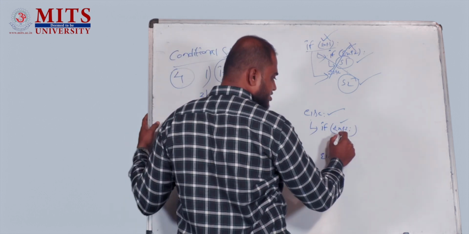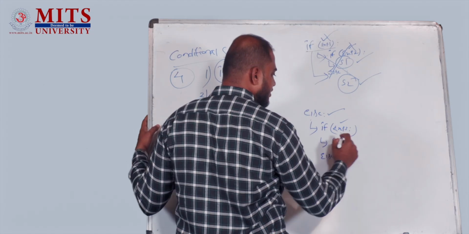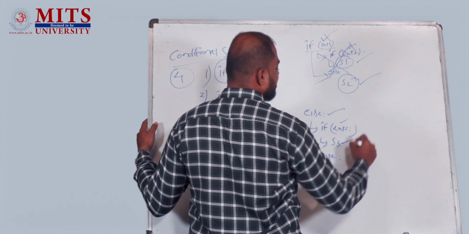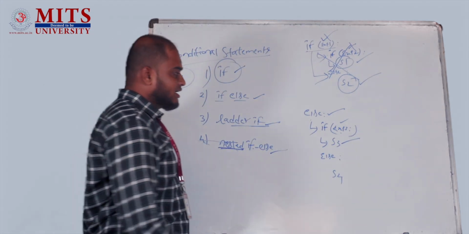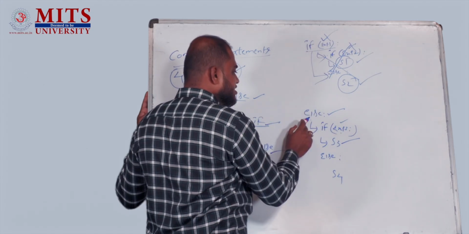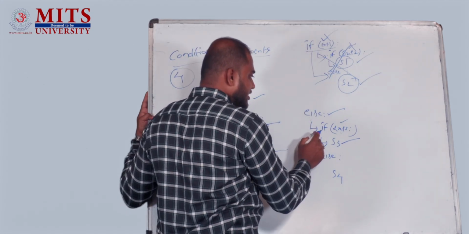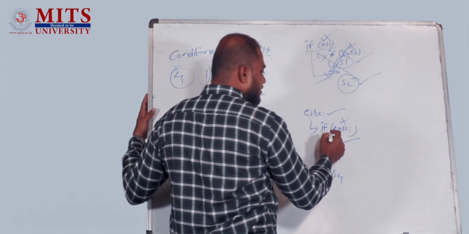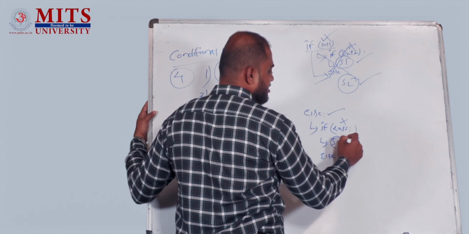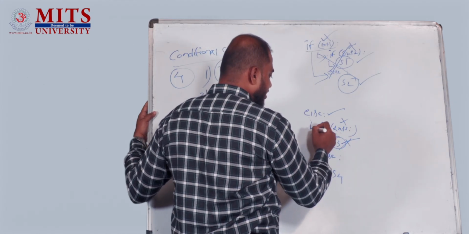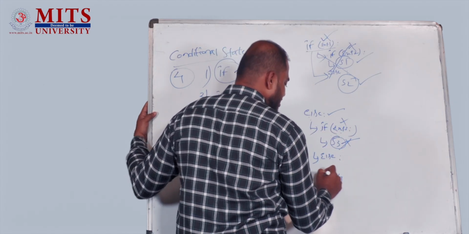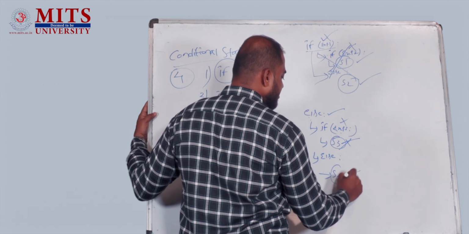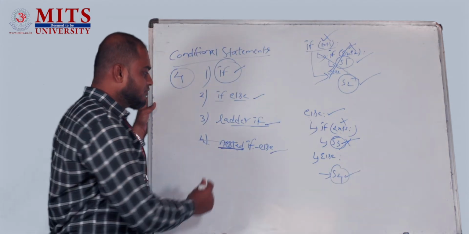Assume this condition is true, then it will enter the body of the if and statement 3 will be executed. If it is false, it will not go to statements 3. By default it will come to the else, and whatever statements are present in else will be executed. This is how nested if else will work.